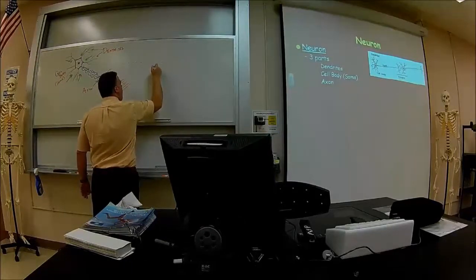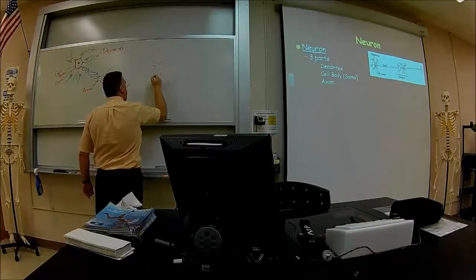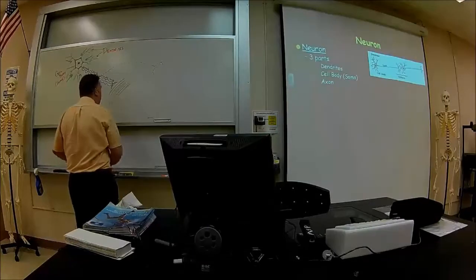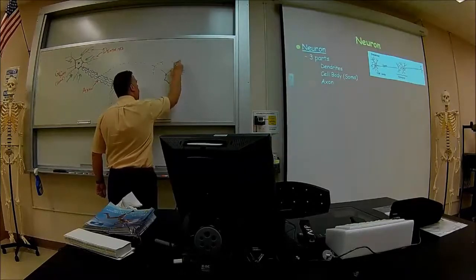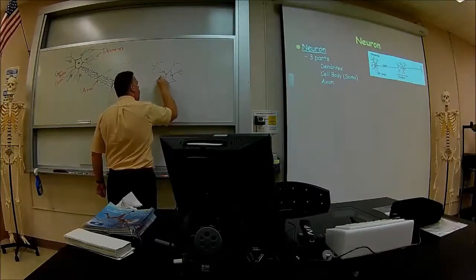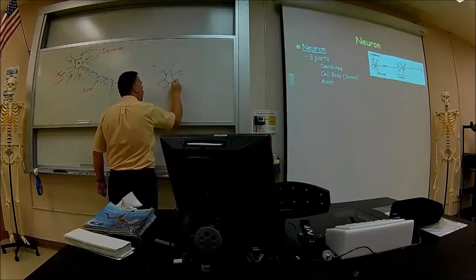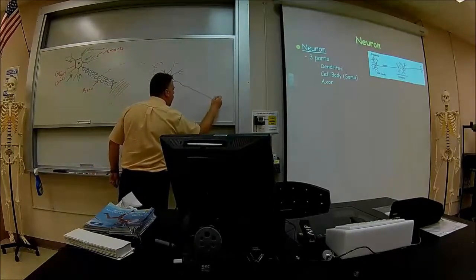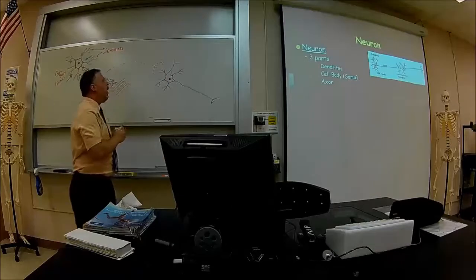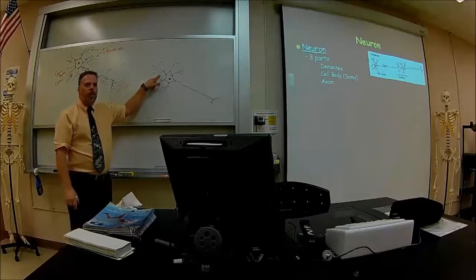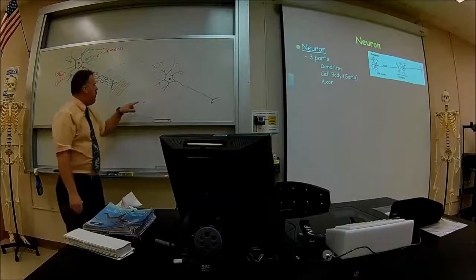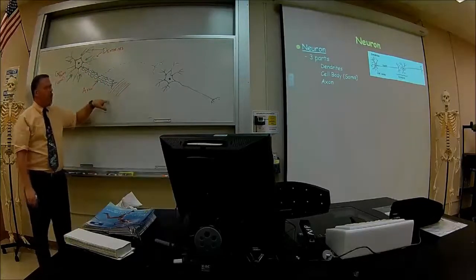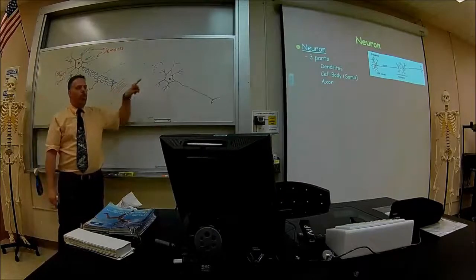Instead, the axon terminal may go to a dendrite of another neuron and tell that neuron what to do. So it's either going to tell a muscle what to do or another neuron what to do.